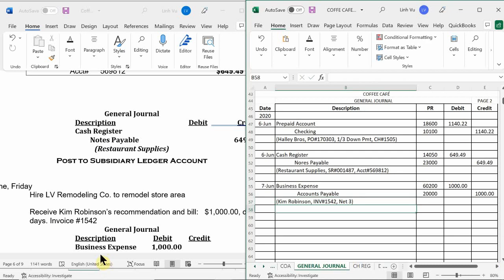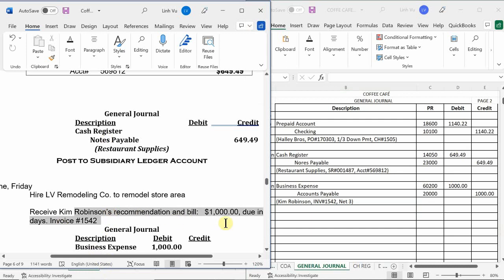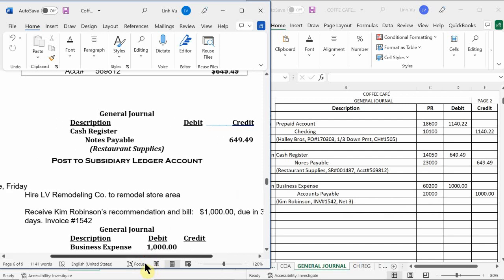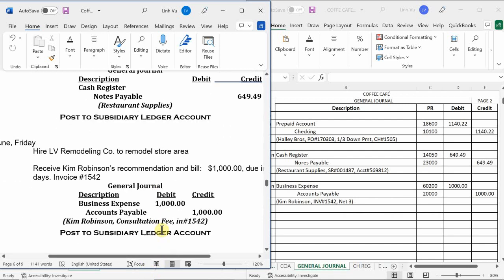Doesn't look like she gave us a discount. But all we know is this bill is due in 3 days, and that it's from Kim Robinson, and we know this because of the invoice number 1542. So now we finished our journal.